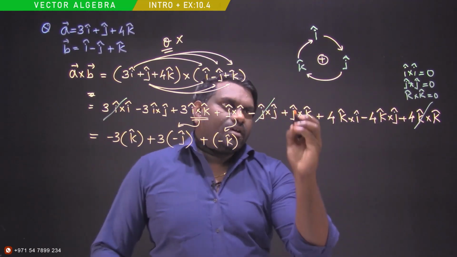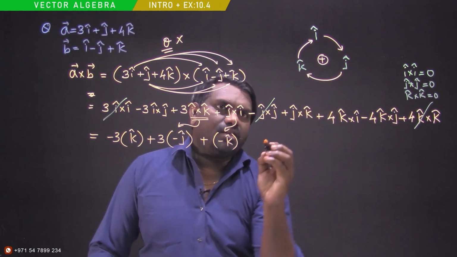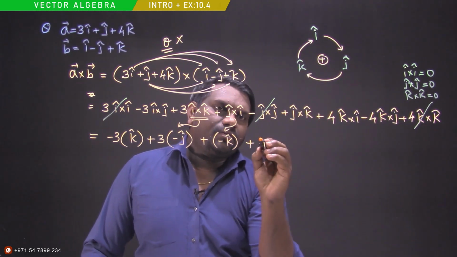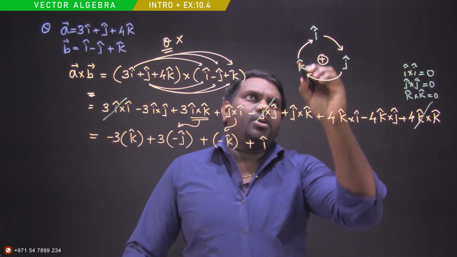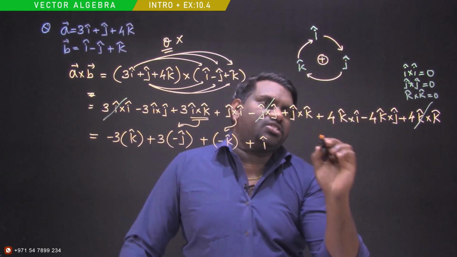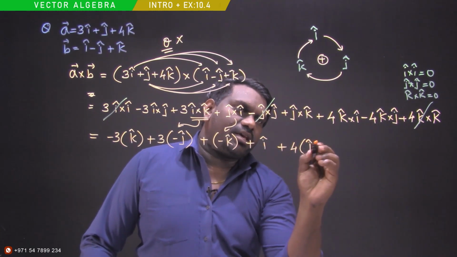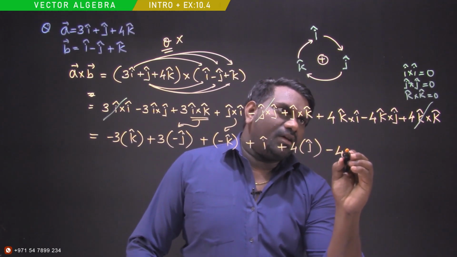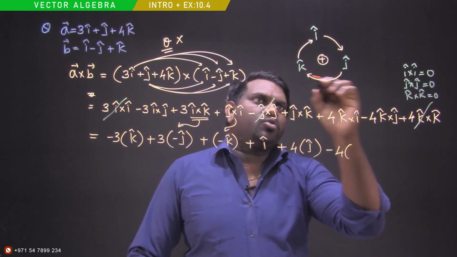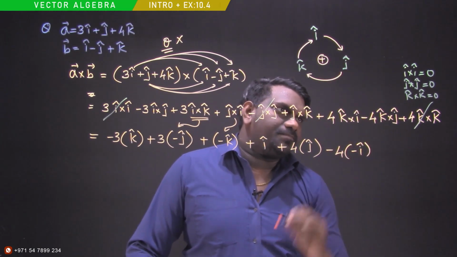K to j is in the correct way, so k to j is i cap, there is no number there. Then you have 4, k to i is in the same way, so it's j, so plus 4j cap. Then you have minus 4 there, and k to j is in the opposite way, dear, so it will be minus i cap.